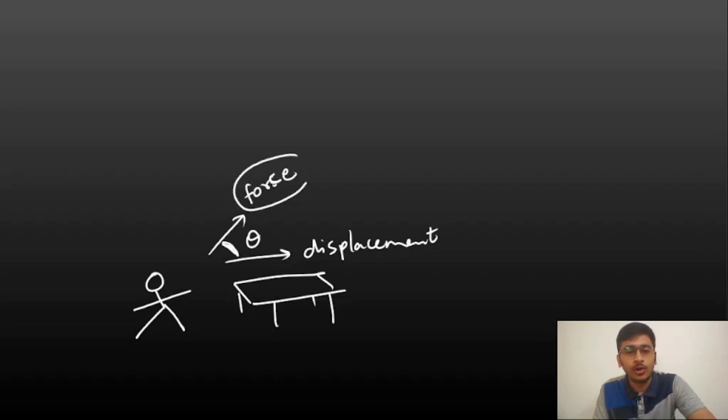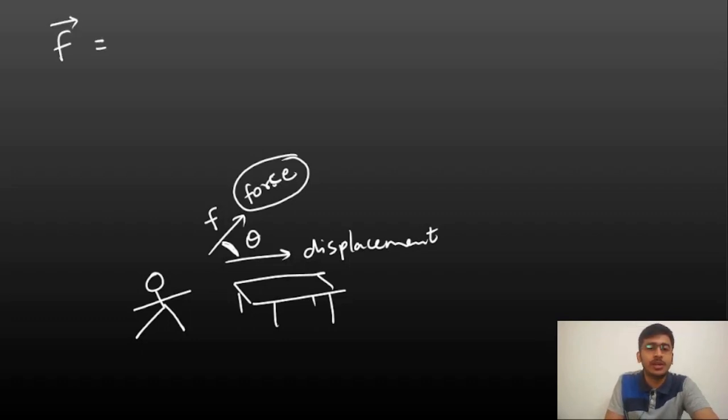So all of the force is not affecting the displacement. This force, let's say F, has two components. The F vector can be written as F cos theta I cap, so it has a component in the I cap direction. I'll write it in another color. So this is F cos theta in the I cap direction.